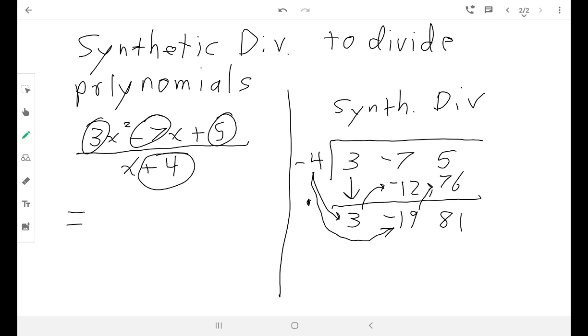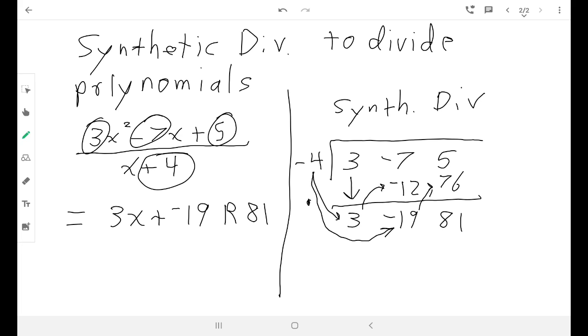Because of that work, you look at the degree of the numerator, you take it down by 1, so I take this 3 here, and it becomes the 3, and then I put an x there, and then plus that -19 here, and then you get a remainder as the last number, and that's what synthetic division gives you.